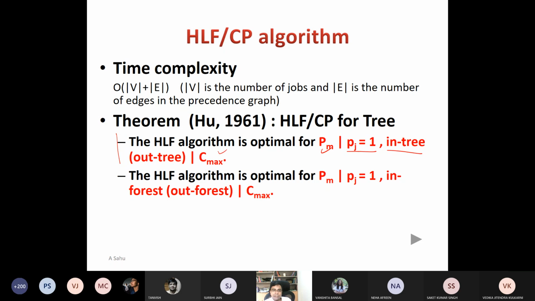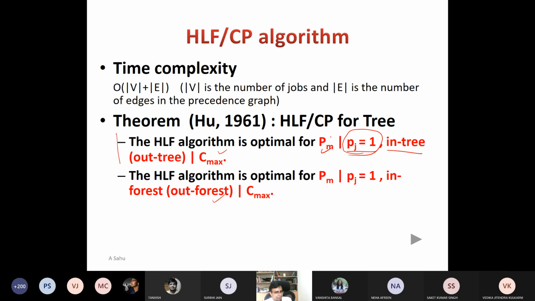Either in forest or out forest. For a tree, it is either in tree or out tree, not the mixed one. In tree or out tree, or in forest or out forest, this CP algorithm or highest level first algorithm will produce an optimal result if it is a tree format, execution time of all tasks is 1, and preemption is not allowed.